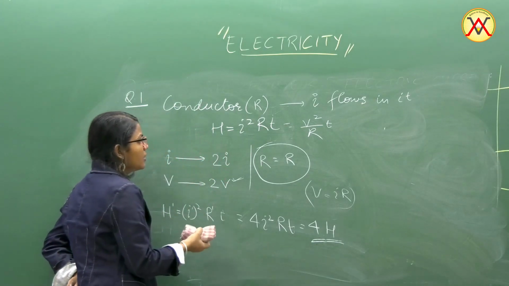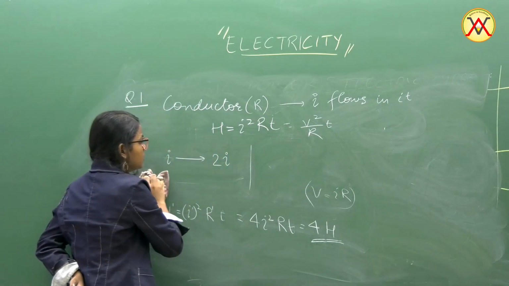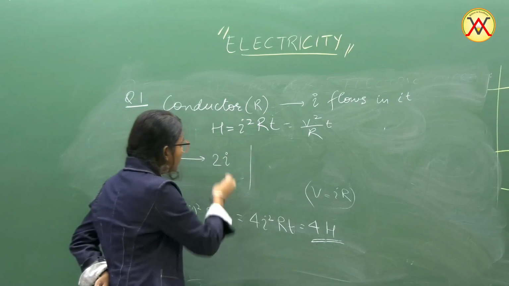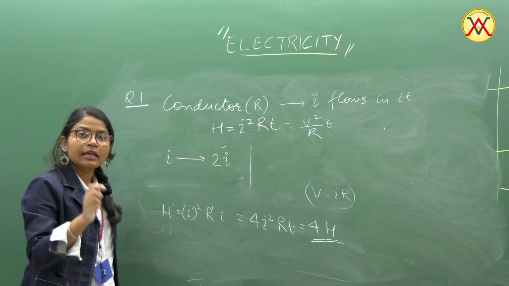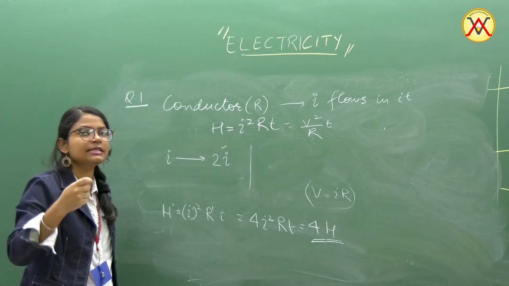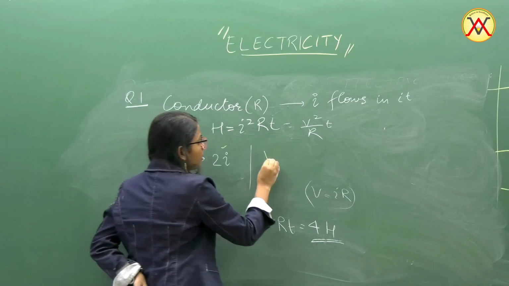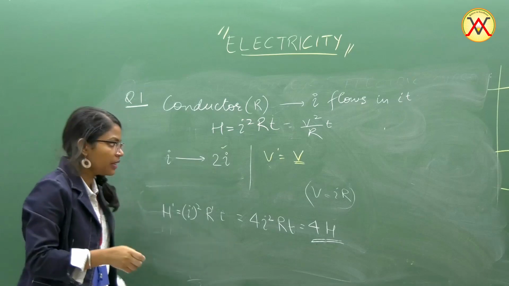Now, if in the question it had been given that only the current is being increased to twice its value, keeping the potential of our source constant, or for the same source, then V dash would be equal to V only.